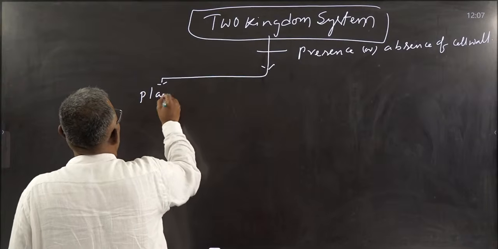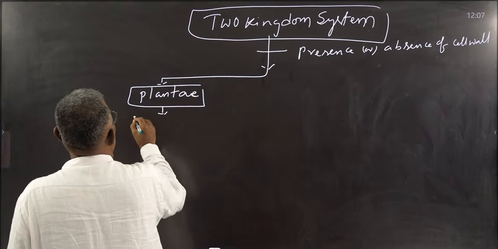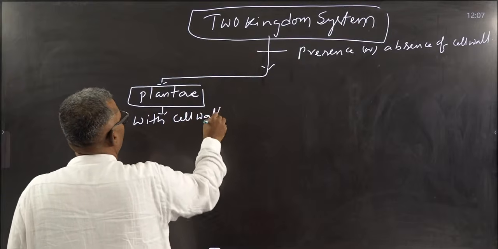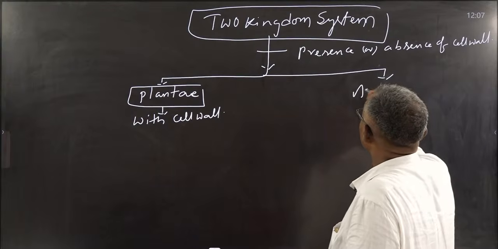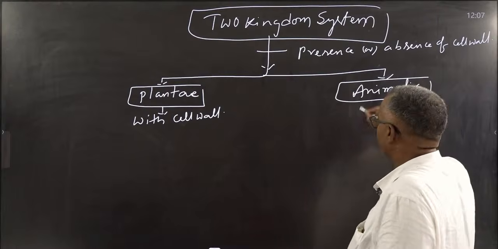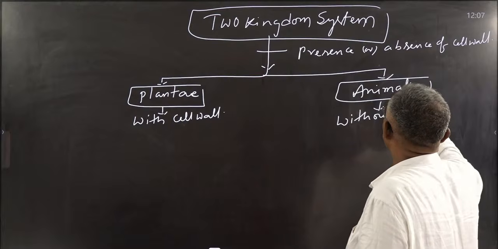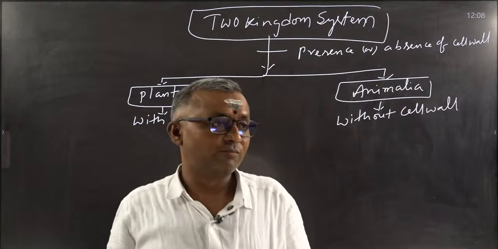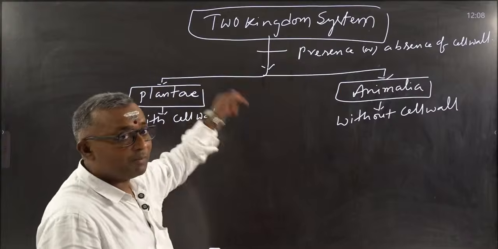So Plantae included organisms with cell wall, whereas Animalia includes organisms without cell wall. So these are the two kingdoms that he made.